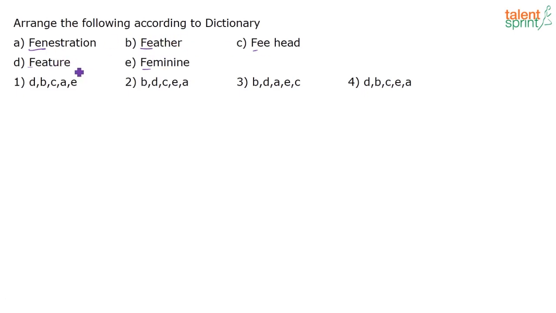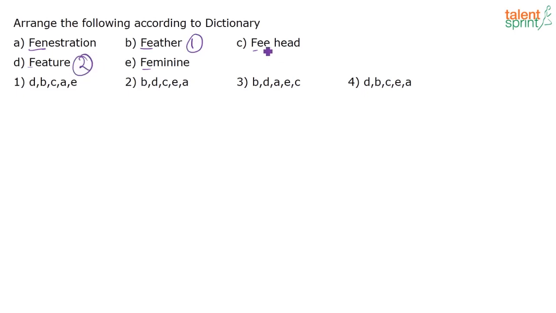In that way, if I look at the third letter of all the words, there are two words which have A as the third letter. If you compare these two words, feather is going to appear first because F-E-A-T, these four letters are the same for both. Then here you have an H and here you have a U. So this is going to be first, followed by this, which is going to be second.